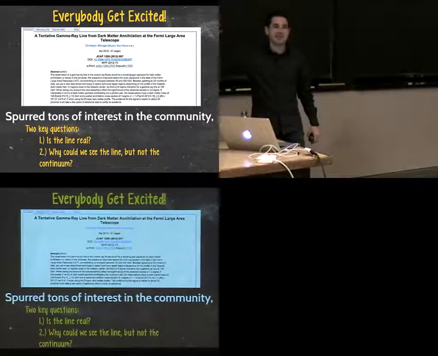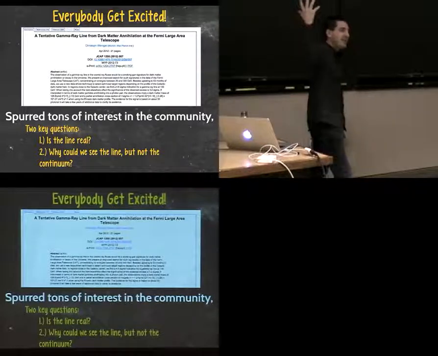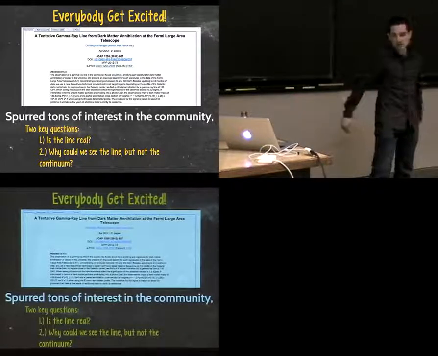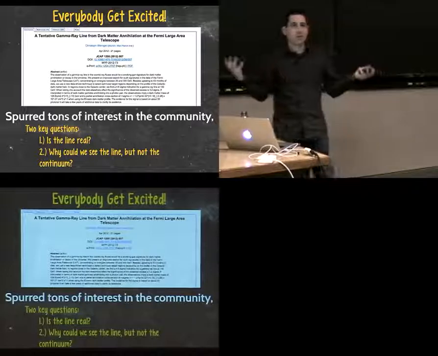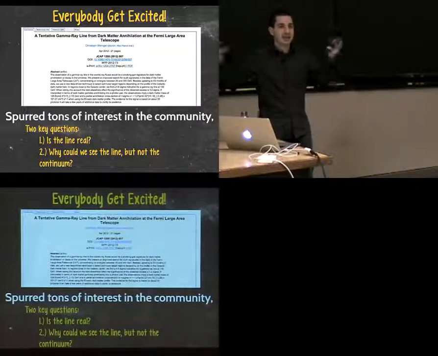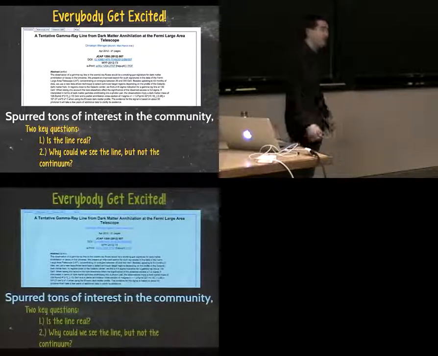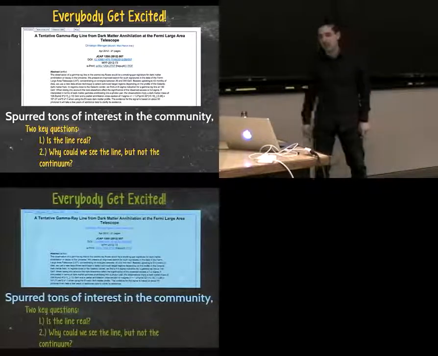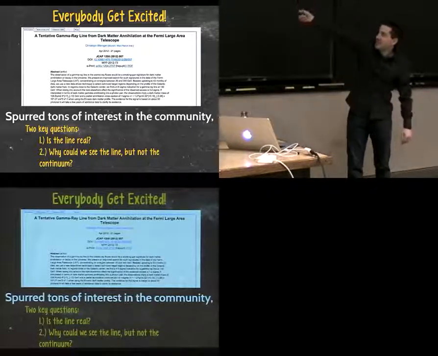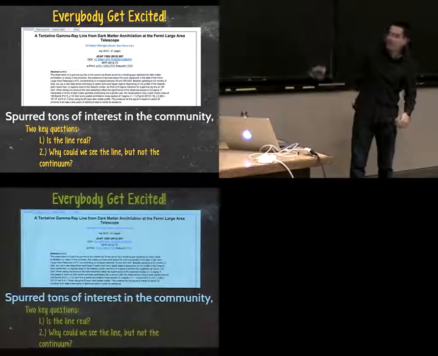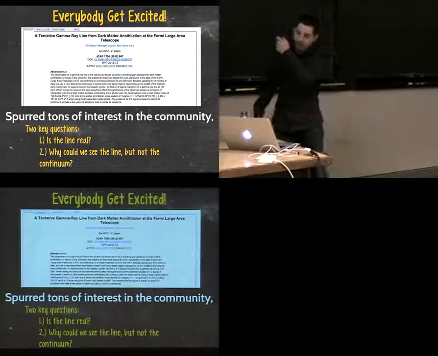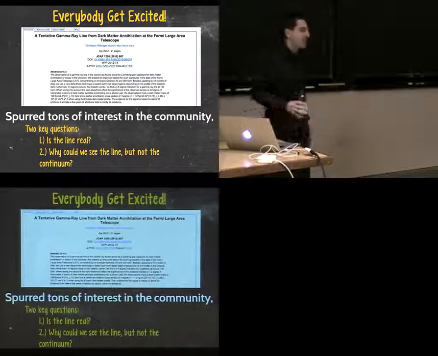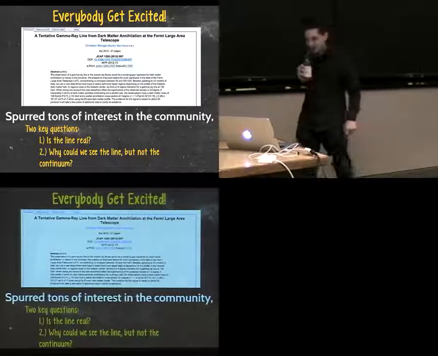It's supposed to happen 1 in 10,000 times as much as the actual annihilation to go straight to, say, quarks or something like that. Why are you not seeing the quarks? Or why are you not seeing the gamma rays that came from that thing that happens 10,000 times more often? Why are you only seeing this line? So experimentalists interested in this, theorists interested in this. Theorists write papers faster. 180 of those papers out of 200 are written by theorists, are about question number 2.